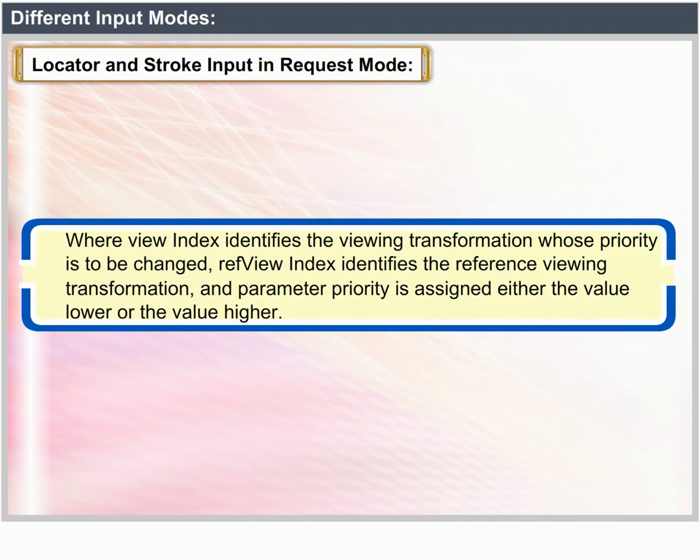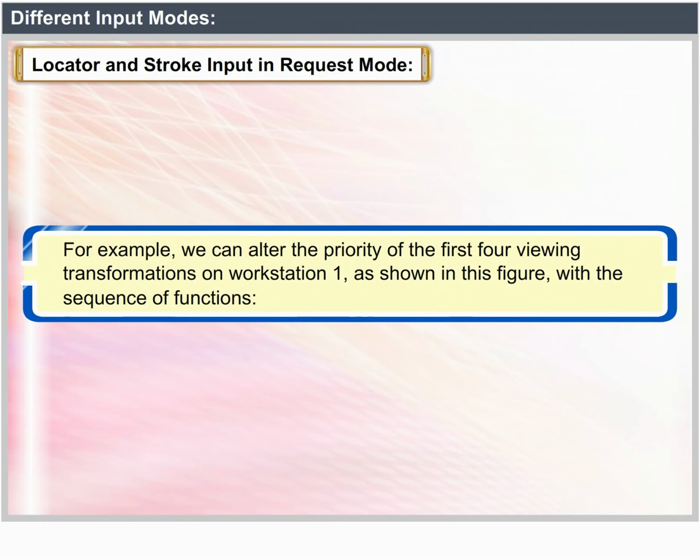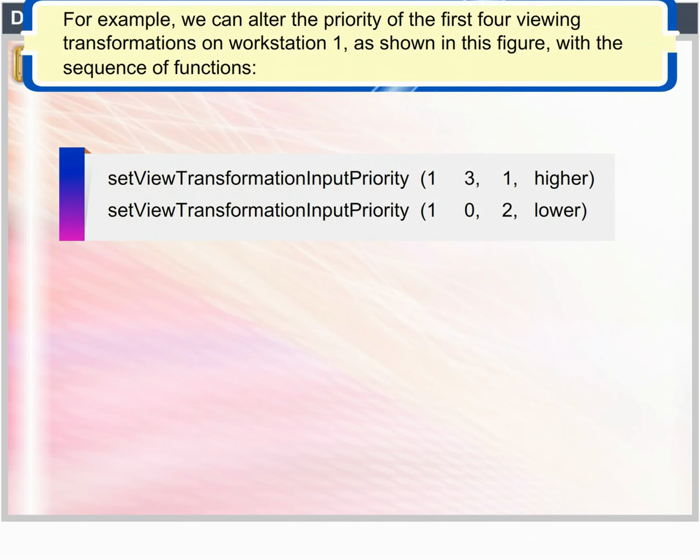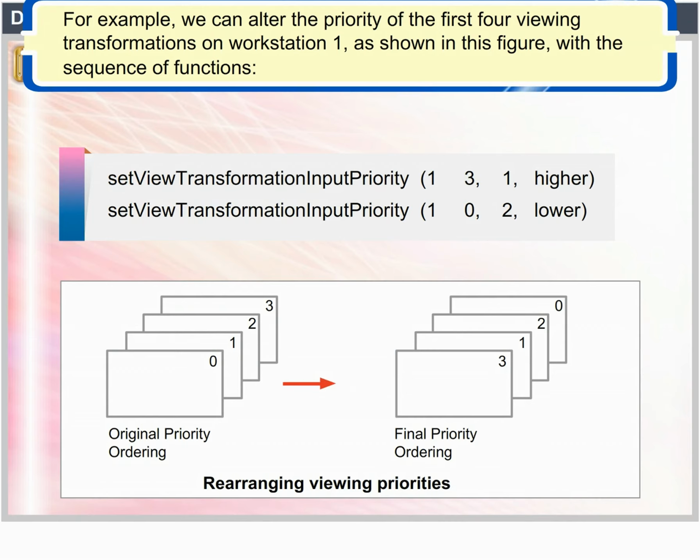For example, we can alter the priority of the first four viewing transformations on workstation 1 as shown in this figure with the sequence of functions: set view transformation input priority 1, 3, 1 higher; set view transformation input priority 1, 0, 2 lower. This figure shows rearranging viewing priorities.